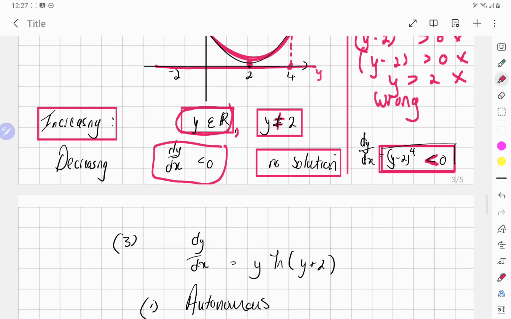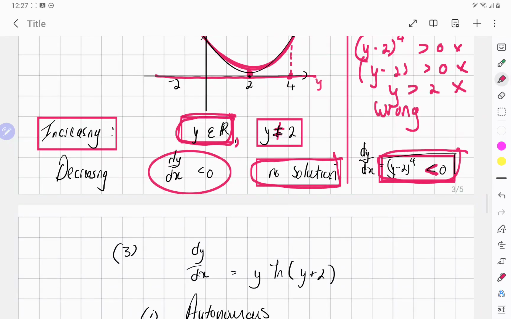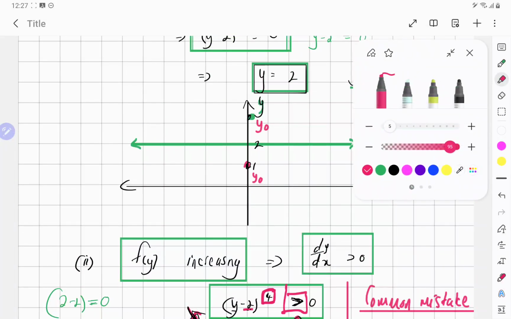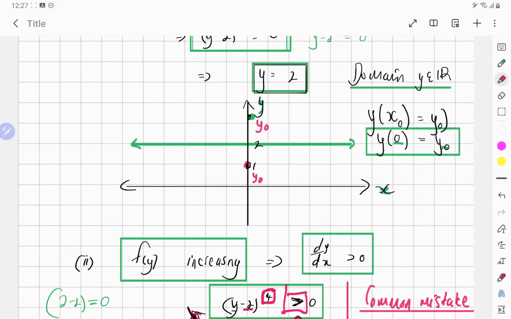Therefore, decreasing is the opposite, but since our function is increasing for all real values, we see there is no solution for decreasing. This is not positive. So our function is going to increase all the way, but remember now it cannot go through the equilibrium.